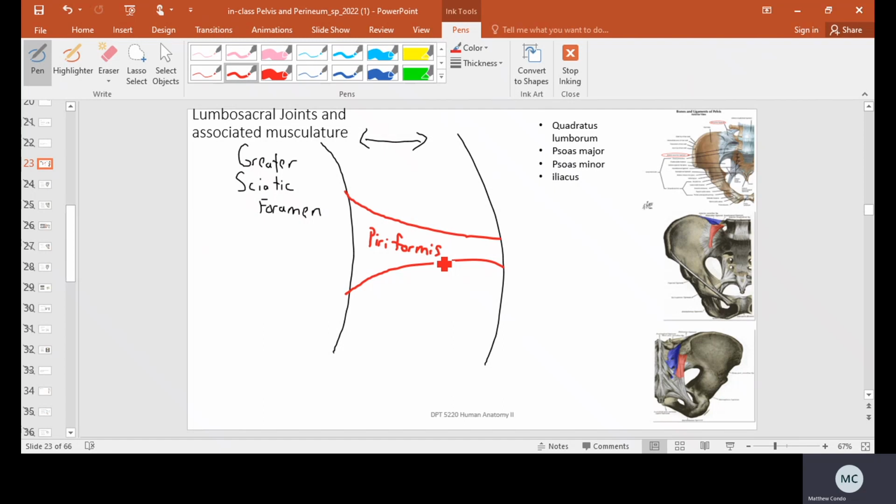In terms of this section of material, the piriformis is going to be a landmark. So the area that is above or superior to the piriformis is going to be called the suprapiriform space. So this area here is going to be the suprapiriform space.